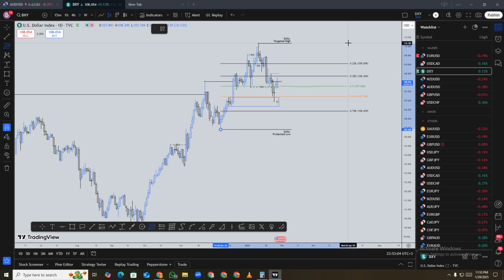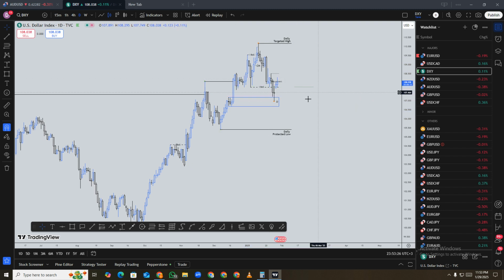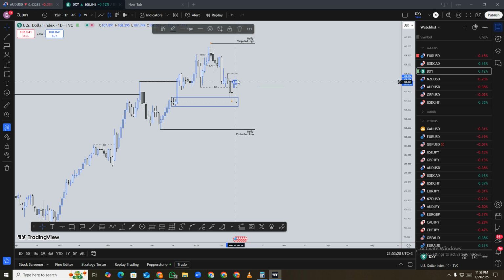We tapped into it and then reversed quickly. So when I tell you the market tends to respect the 61.8% fib level, more often than not it does respect that.